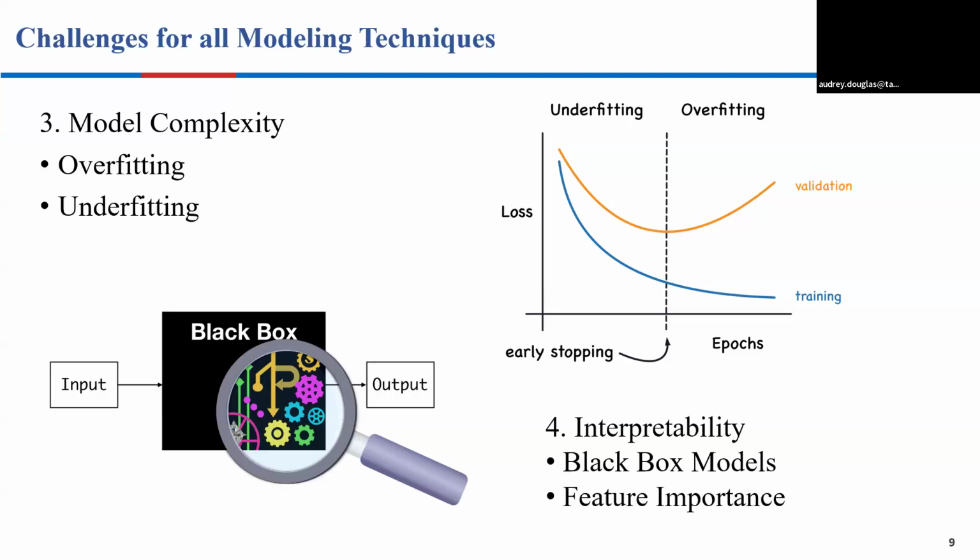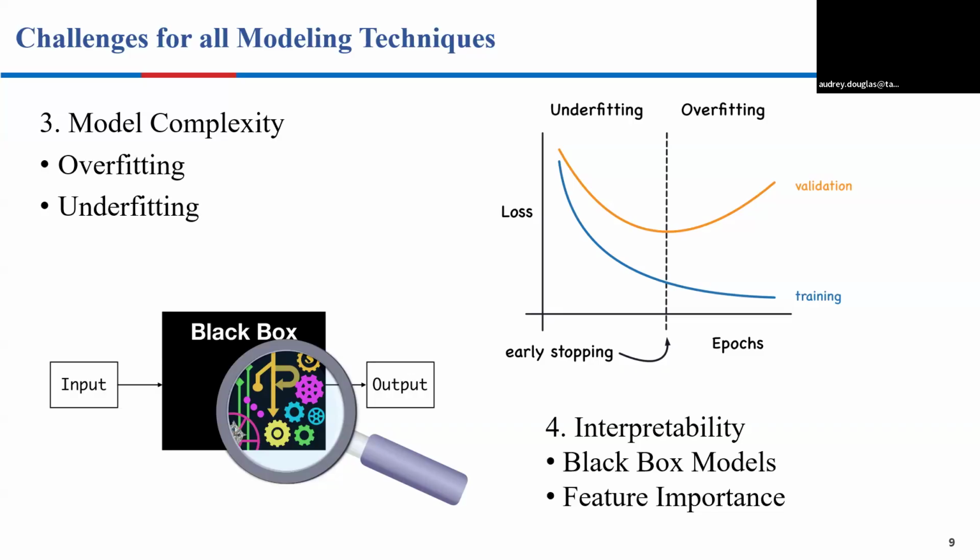And another one, some advanced models like deep learning, I already talked about it. They are so difficult to interpret because we don't know what happened in the second layers, in the hidden layers, right? We call them black box models, right? So you should be careful when you are using any type of model.